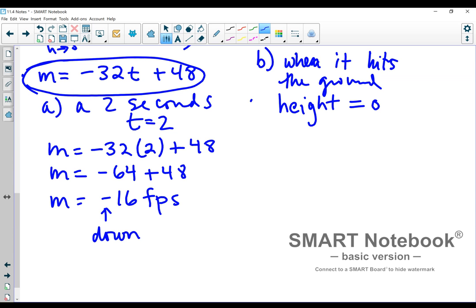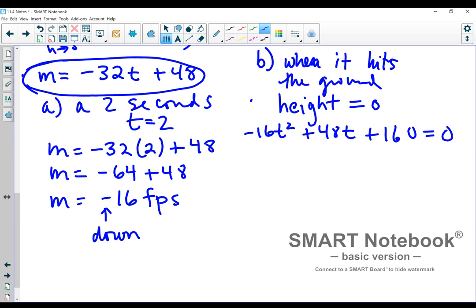So if my height equals 0, that means I can take that entire expression that I started out with, negative 16t squared plus 48t plus 160, and I'm going to set that equal to 0. And this is going to allow me to find the time when it hits the ground.